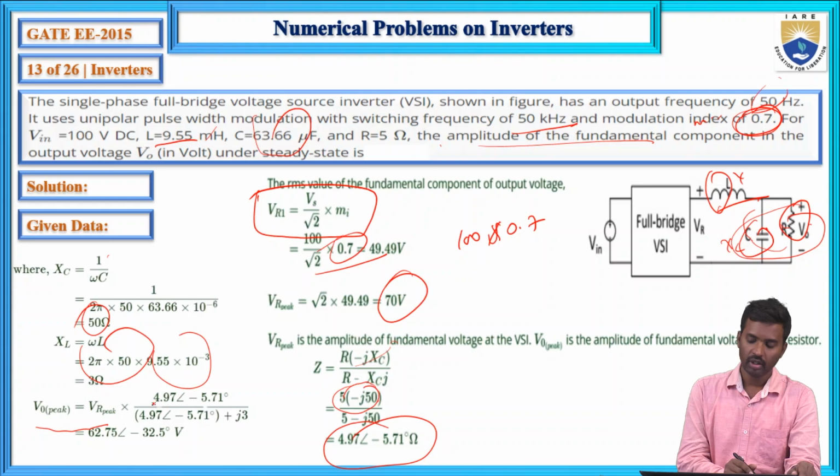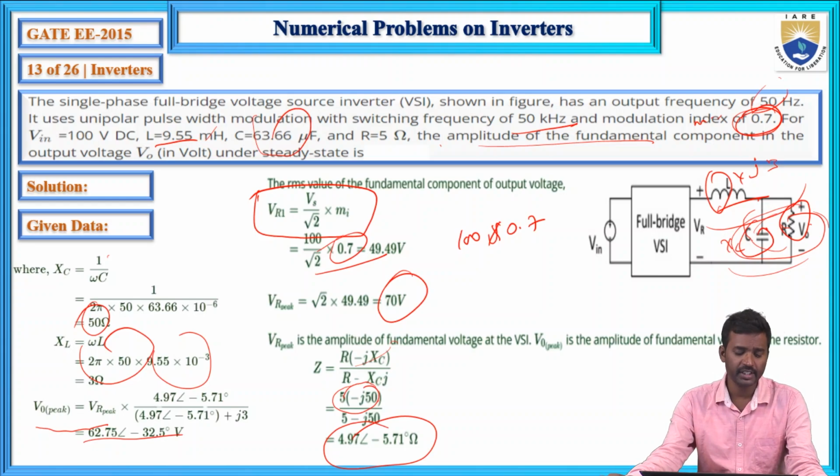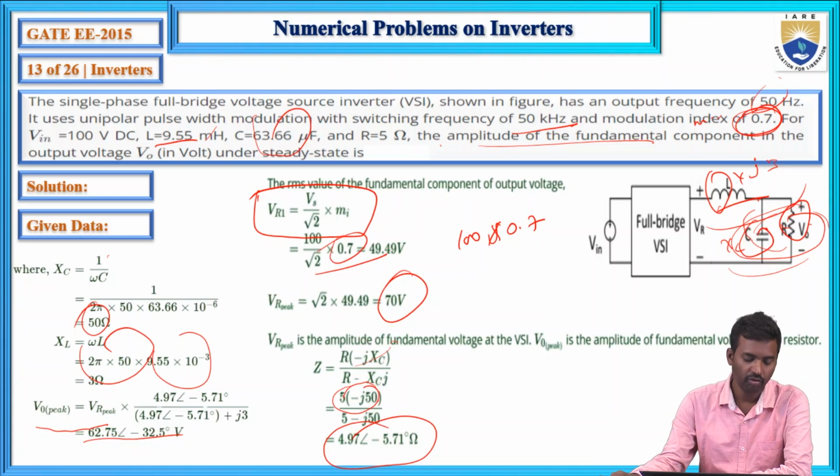Now this is the reactance, that is j3, and this is the voltage. So the peak output voltage equals this peak voltage into this impedance, inductive reactance, plus this one. You will get here 62.75 at an angle of minus 32.5.